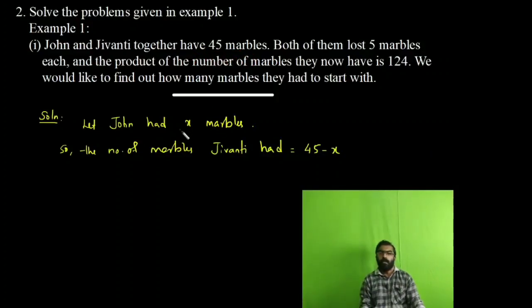So if one we take as x, then the other one will be 45 minus x. Clear? Now both of them lost 5 marbles each.